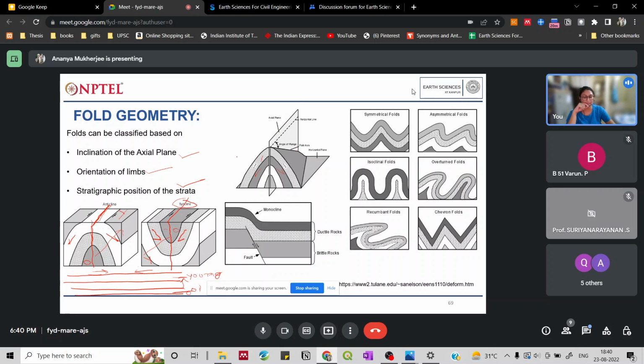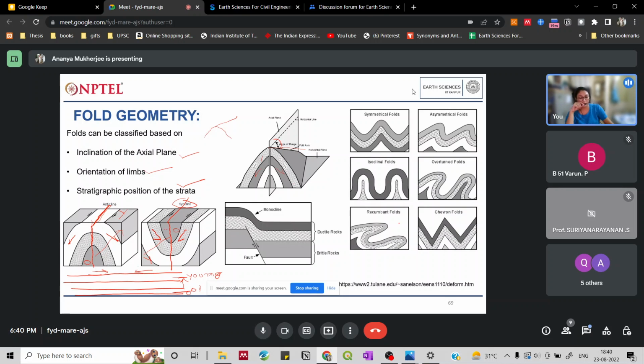But we can see that the hinge of the fold, this line of the fold, is now inclined. It is making an angle with the horizontal line of the axial plane. So that is why this is called a plunging anticline.